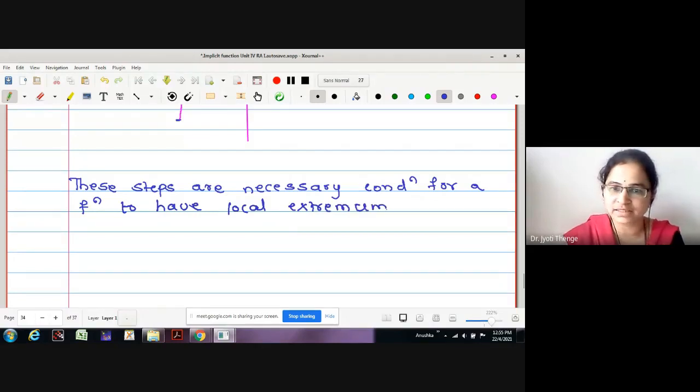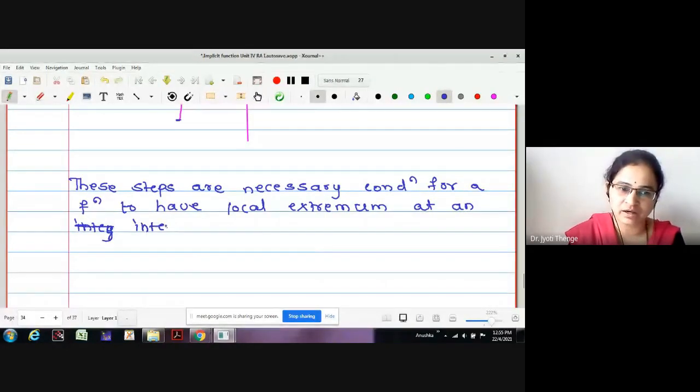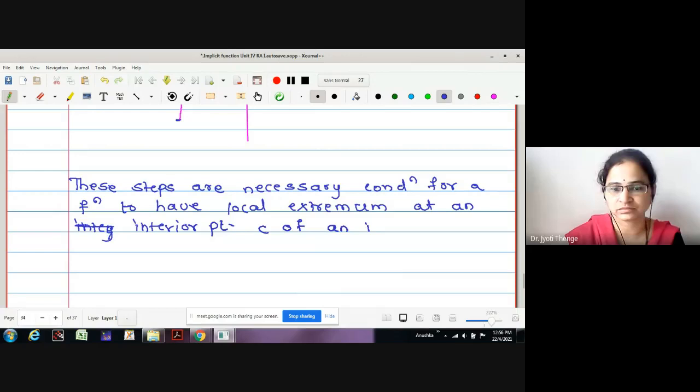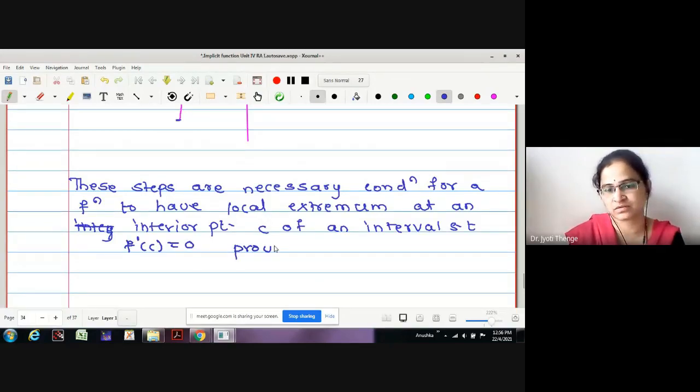Local extremum at an interior point c of an interval such that f dash of c is equal to 0, provided that f dash c exists.